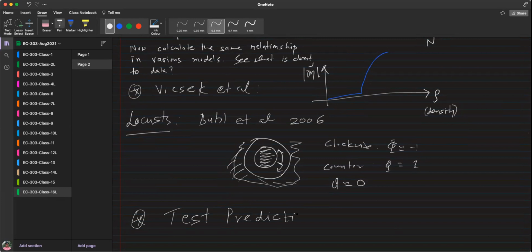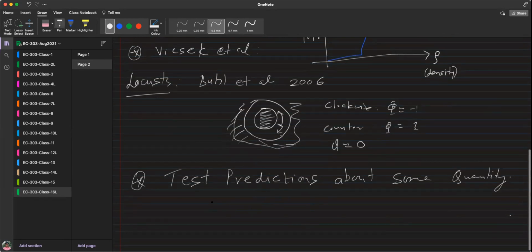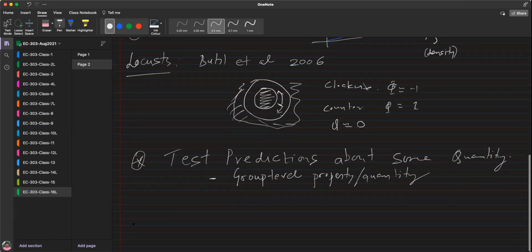Is there anything else one can do about some quantity? To be more precise, in the exact example above, we made predictions about a group level problem. What else can one do?